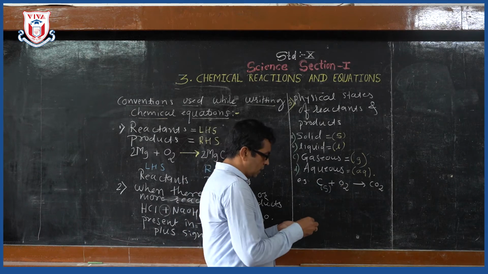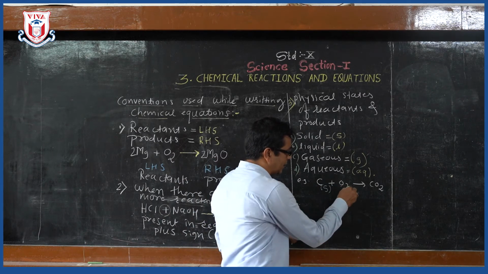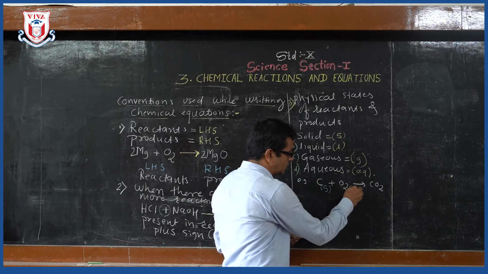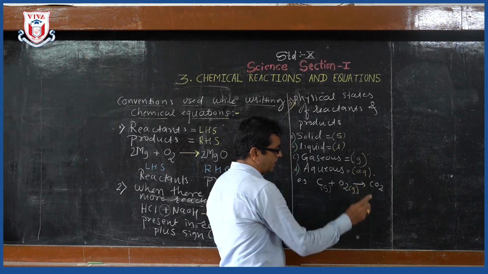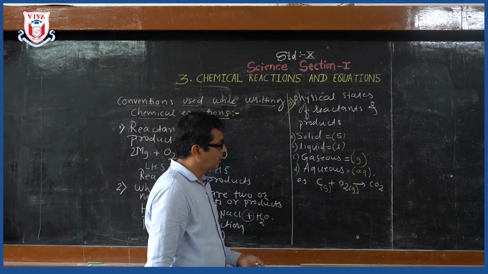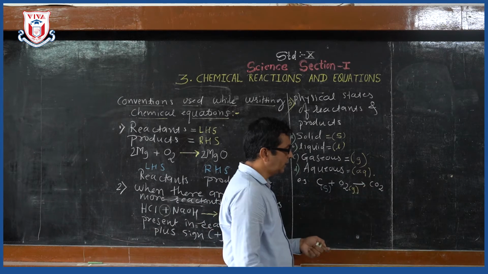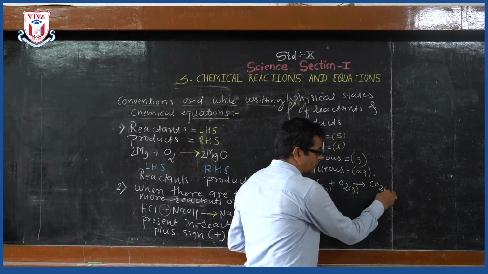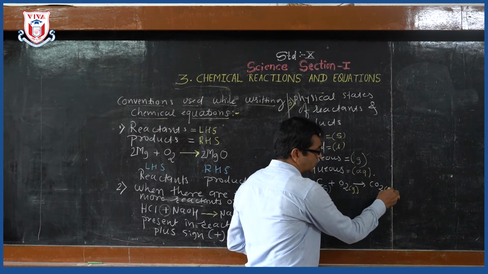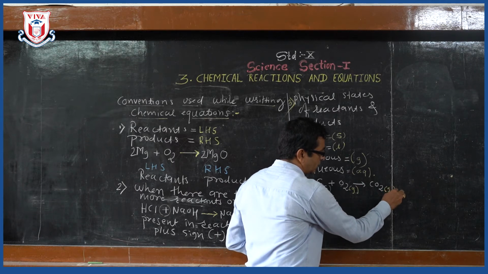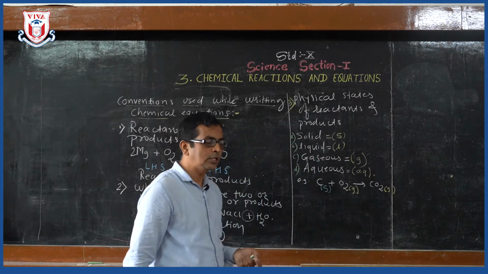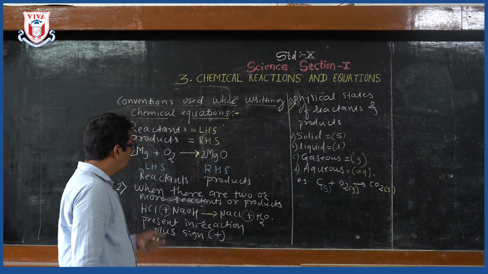Oxygen you will get in a gaseous state, so you will write small g. And carbon dioxide is a gas, so I will write g.